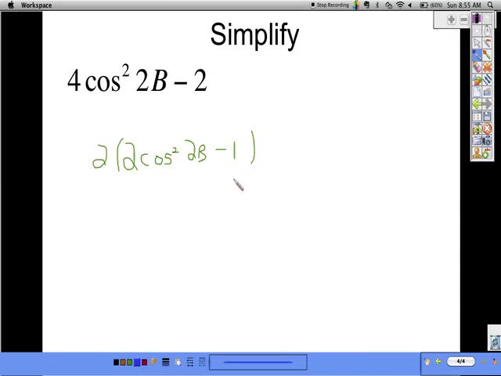Now, this thing in parentheses, that looks an awful lot like a double angle identity for cosine. Slight difference being, instead of just having an angle here, I have a double angle. So it's the double of a double angle.